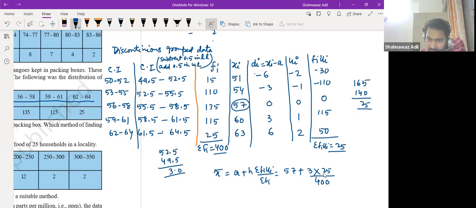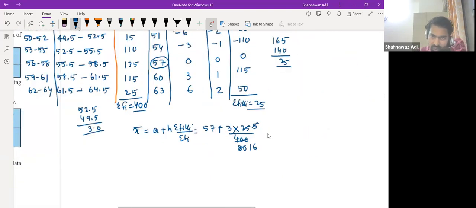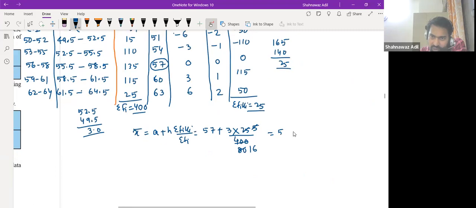This is 6, 5 fives are 25, so this is 0.1875, right? So 57 plus 0.1875, so this is how much? 57.1875. Is the answer 57.18?